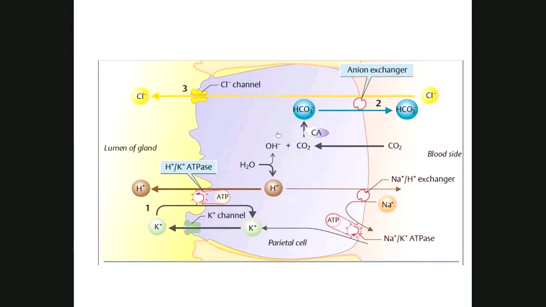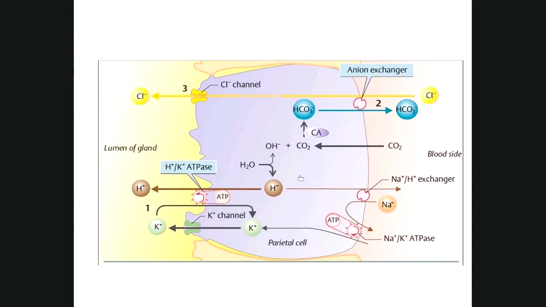So you can see here chloride ion, which is one part of the HCl, is exchanged through an anion exchanger with bicarbonate, by which it enters the parietal cell from the blood, and then it leaves through a special diffusing channel. While the hydrogen atom, which is the most important part, is pumped out.